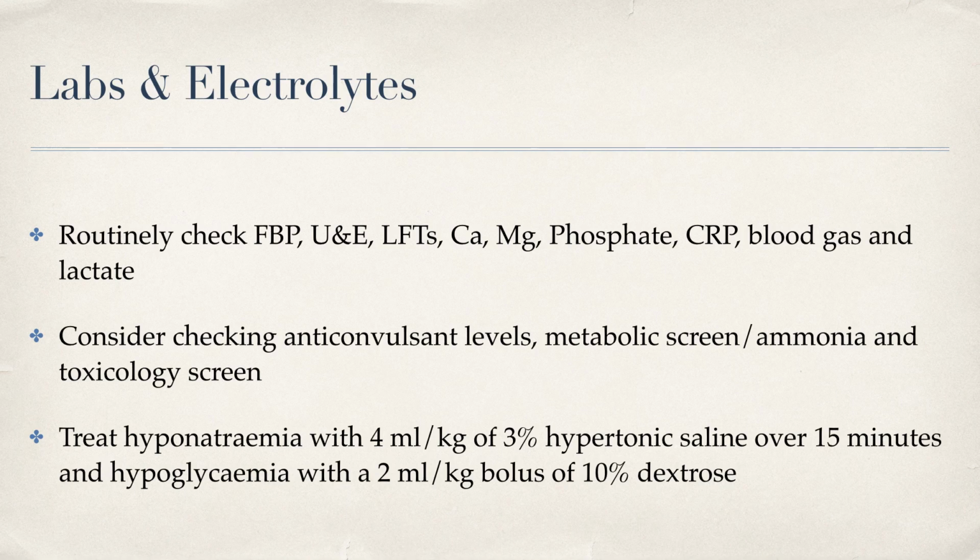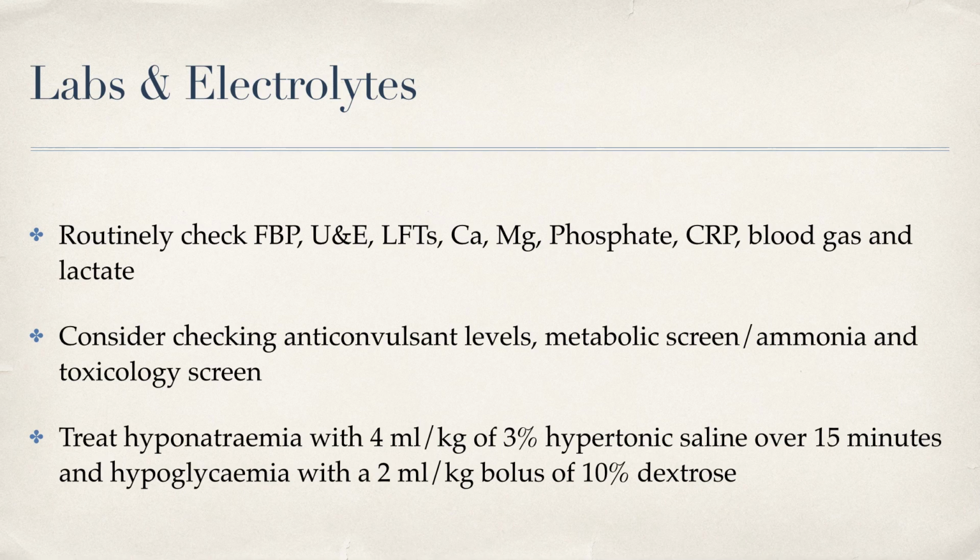So looking at the labs and electrolytes, in all patients with a prolonged seizure, I would routinely check a full blood picture, urea and electrolytes, liver function tests, calcium, magnesium, phosphate, CRP, and send off a blood gas with a lactate on it. If I'm going to start antibiotics because of concerns regarding sepsis, I would also check a blood culture.